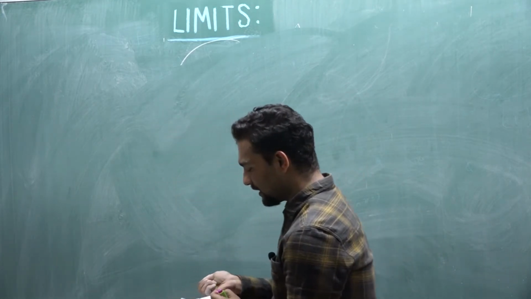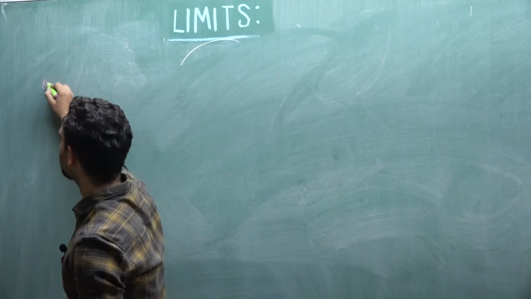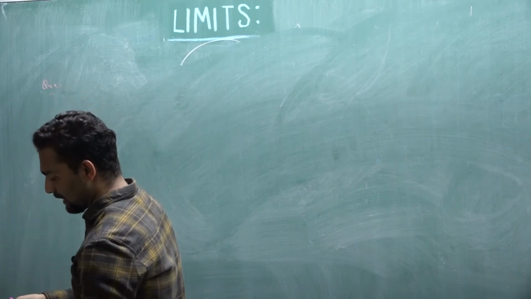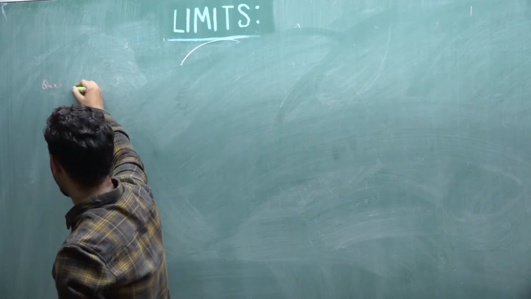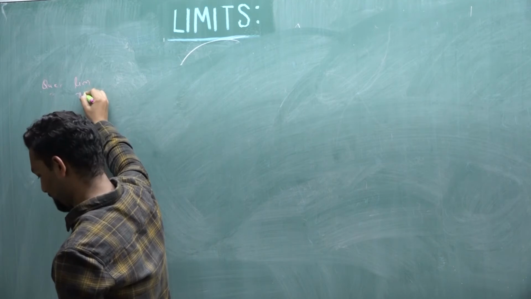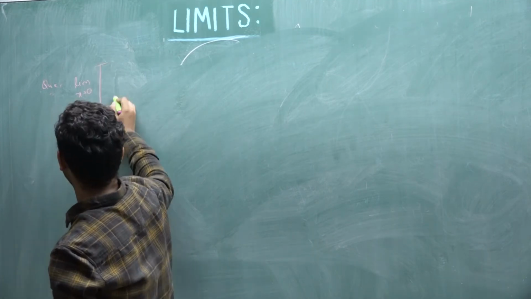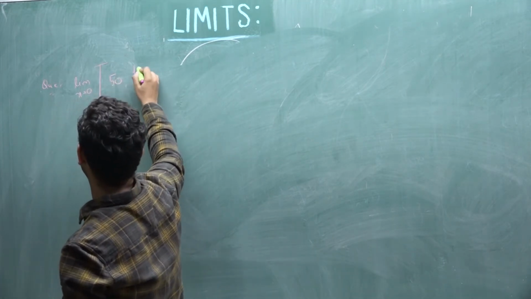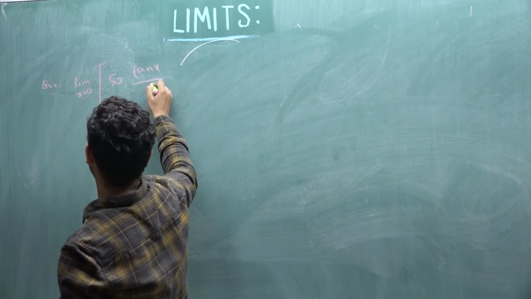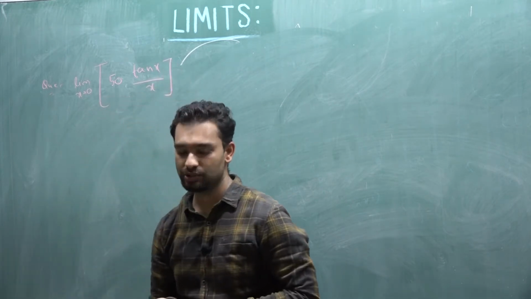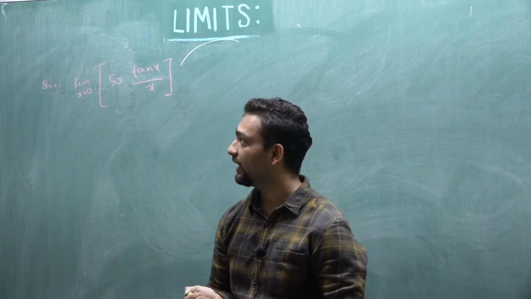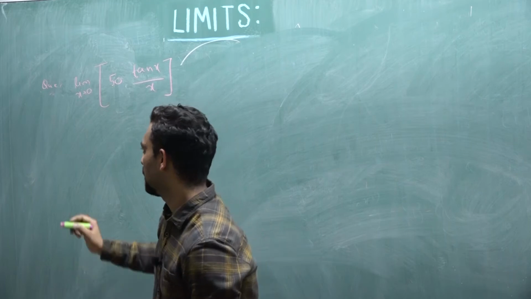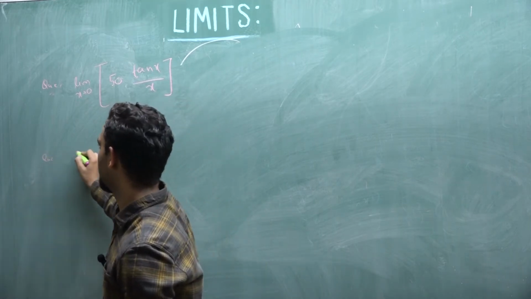Okay, so the next one is limit x tending to 0, greatest integer of 50 tan x upon x. I'll write one more question.